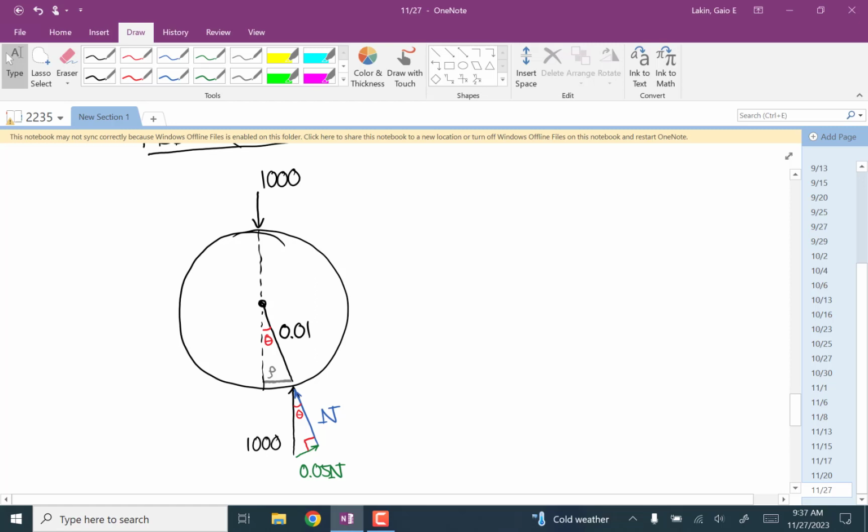You're going to use oil. With viscous friction, the faster it's spinning, the bigger the friction is. But with dry friction, that's not the case. If it's moving at all, then this is the friction. 0.05 times the normal, and that's the end of it.